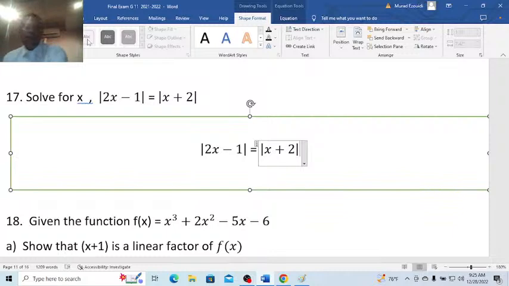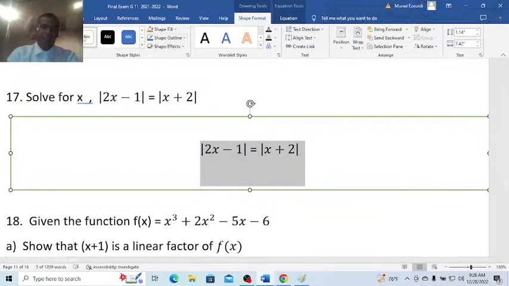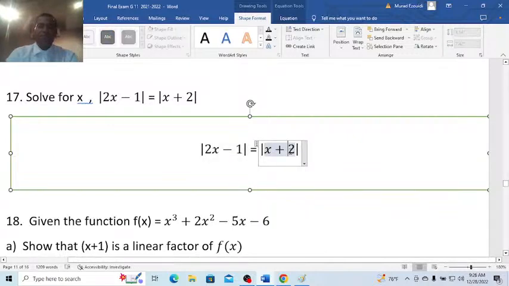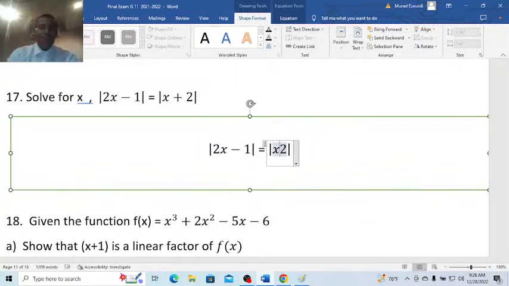Okay. Now learners, to solve this question, it's very easy. For example, I will change this by minus 9, and this here, for example, plus. Okay, I'll leave it as it is. It's an example.